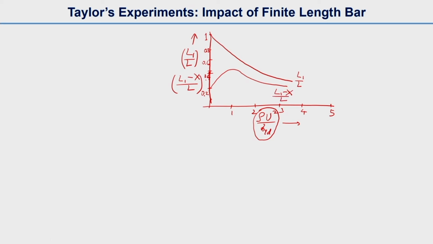Whatever the theory Taylor proposed, the experimental observed results are very, very close to it. The prediction is very good when rho u square by sigma yd is around 0.5, but if you go away from this, it will show some deviation, and the prediction is not so good.